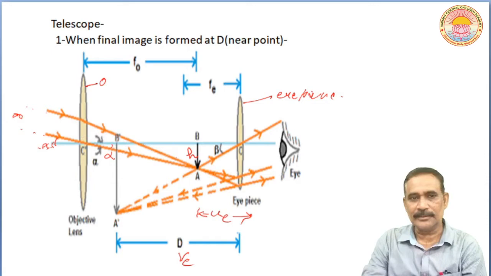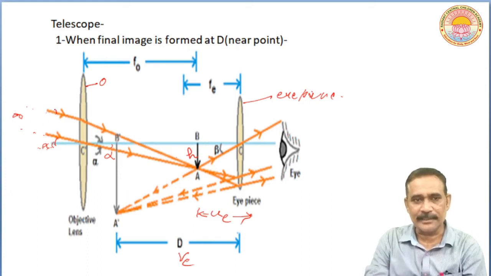So you see the picture. When the object is at infinity, where should the image be formed? At the focus of the objective. So the object is kept at infinity, and light rays are coming from infinity. One ray passes through the optical center of this objective lens, and the second is incident here, then they converge and meet at this point.